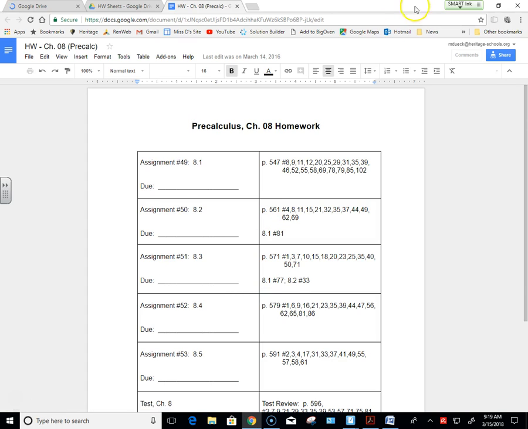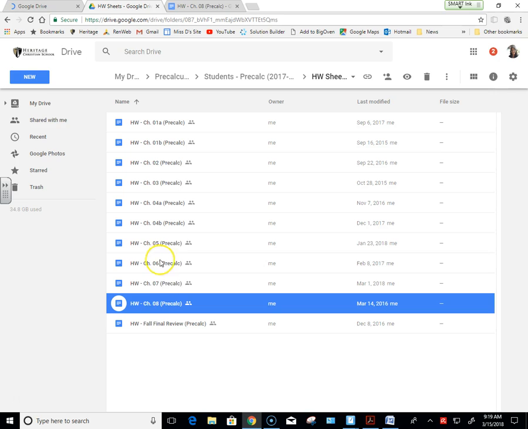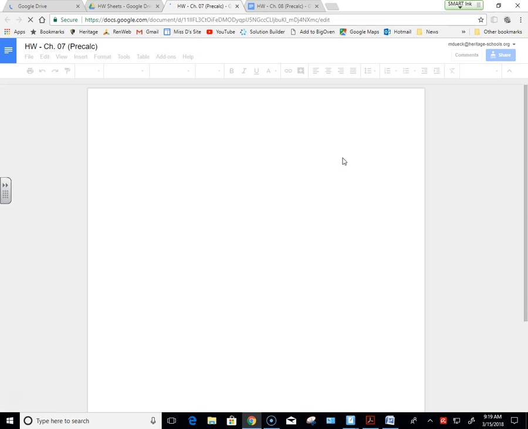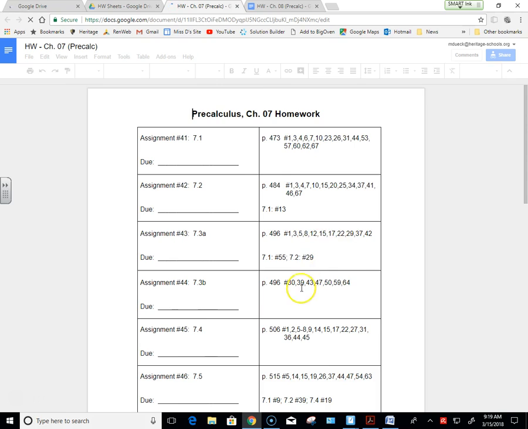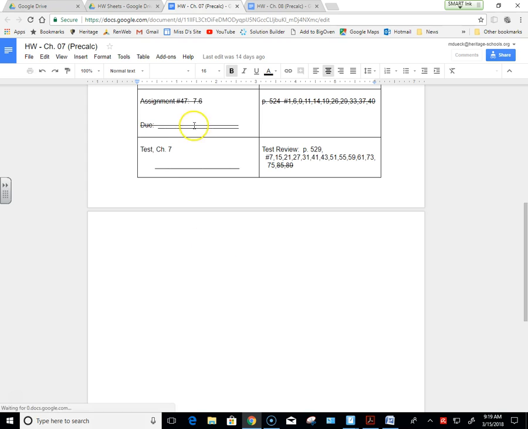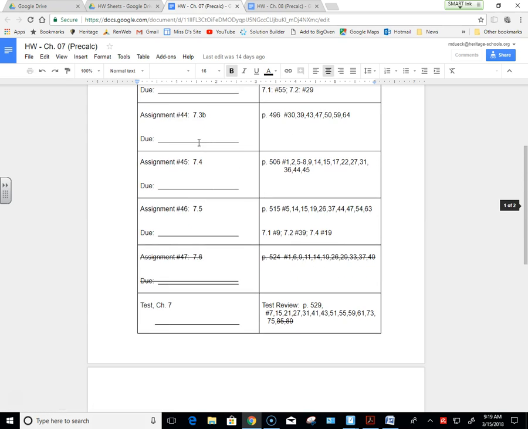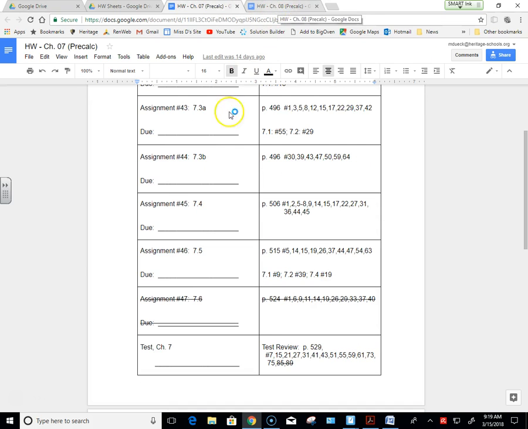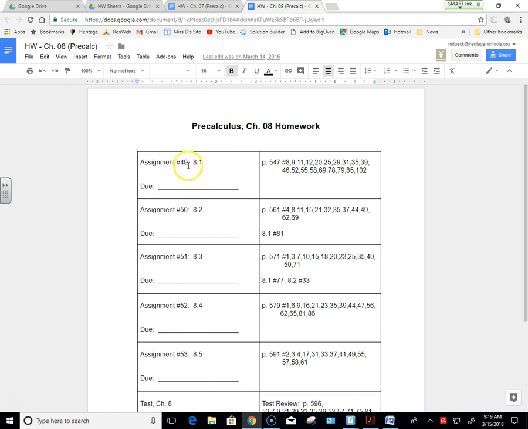What were the homeworks for Chapter 7? Did my numbering get off? It's because we skipped a section of chapter 7. Yeah, we skipped 7-6, didn't we? 47. Huh, but even still, 47, that's the one we skipped. This should be 48, huh? There's a magical missing 48. All right. I'm going to change the numbering real fast. I don't know what happened. Sorry, guys. That's really weird.